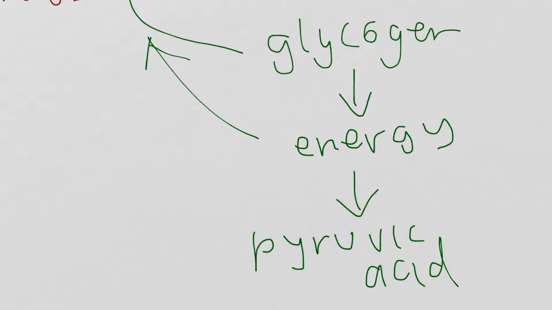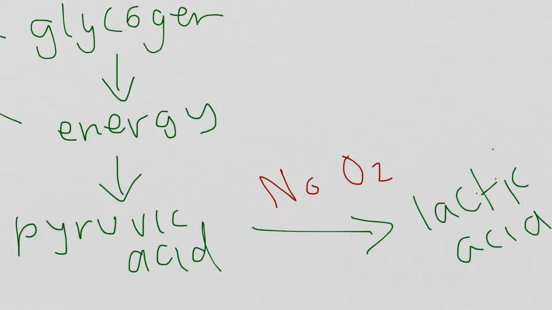However, when glycogen is broken down, the leftover product is called pyruvic acid. Now, if pyruvic acid doesn't have any oxygen available, it turns to lactic acid. And we know that lactic acid, if there is a build-up in our muscles, then that is what causes the feeling of fatigue and forces us to reduce our intensity of exercise.